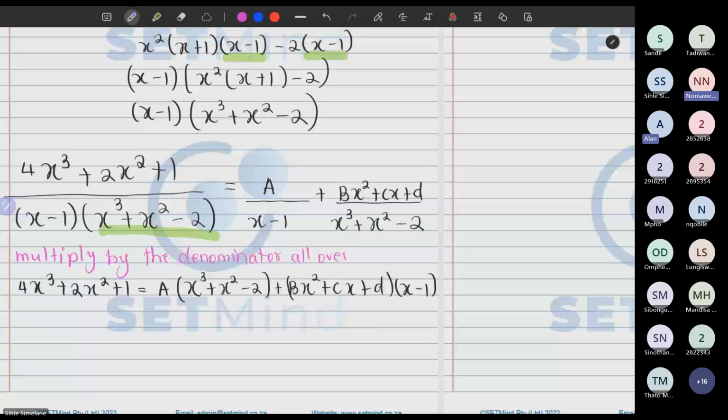If we say x is equal to 1. I think x is equal to 0 would be right. Okay, so when we put in x is equal to 1 here, this will not work at all.